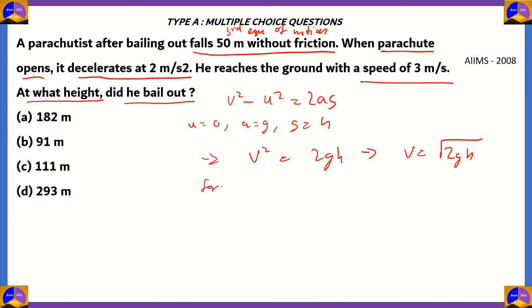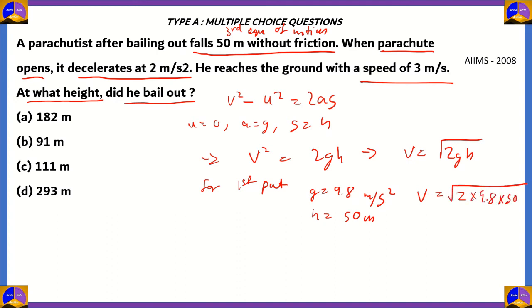So for the first part, let's consider g as equal to 9.8 meters per second square, and let's consider h as 50 meters because it's given in the question. So therefore you have the velocity as equal to under root of 2 times 9.8 times 50. So 2 times 50 is 100. 100 times 9.8 is 980. So the velocity is under root of 980.